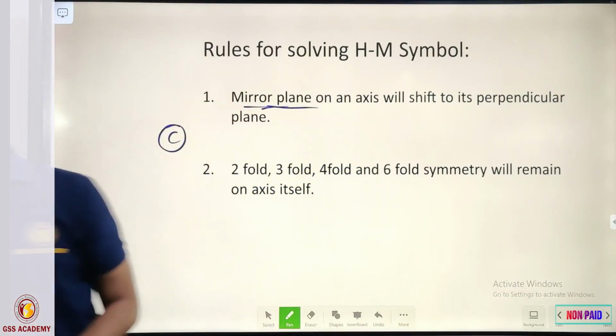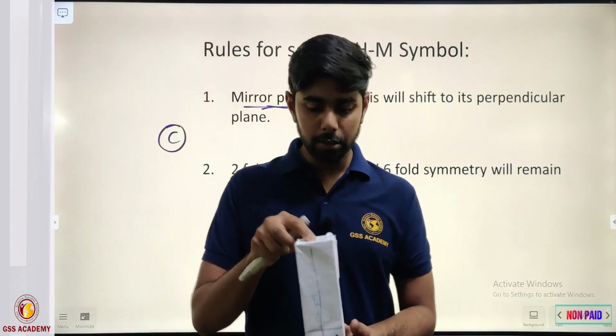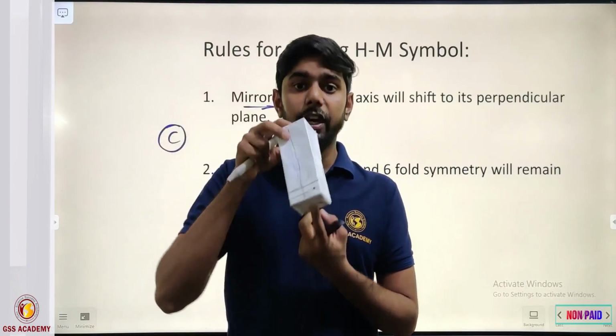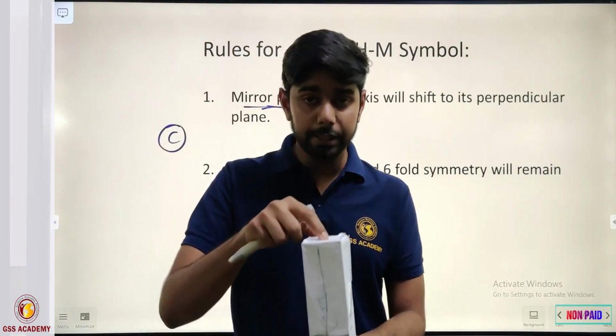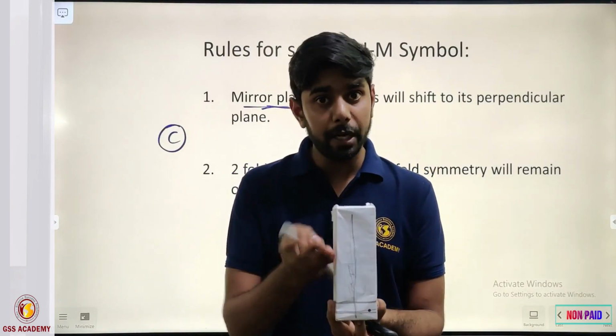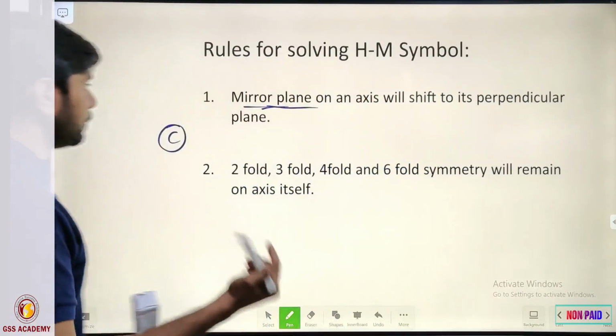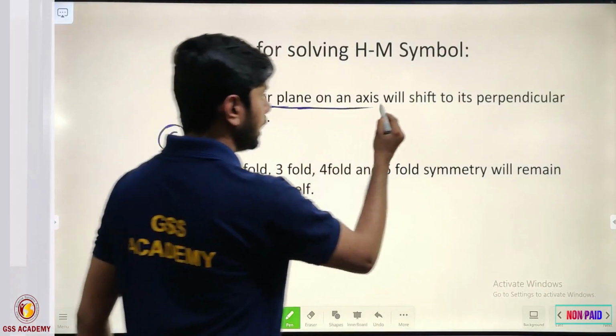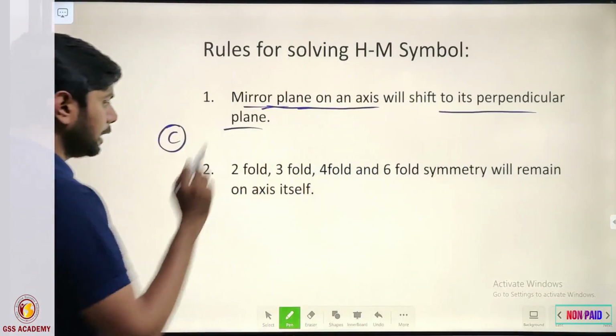Let's assume we have a crystal like this. This is the C axis. If we have a mirror plane on the C axis, then that mirror plane will be reflected on the perpendicular plane of that particular axis. So this is written here: mirror plane on an axis will shift to its perpendicular plane.